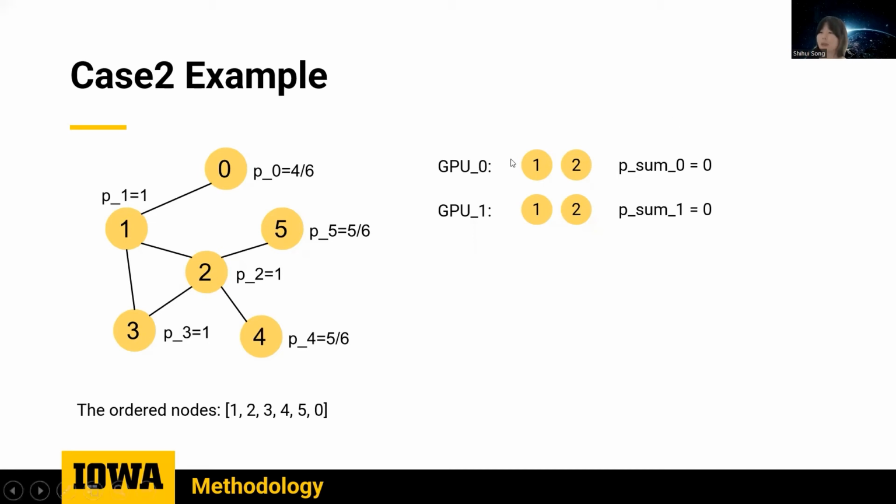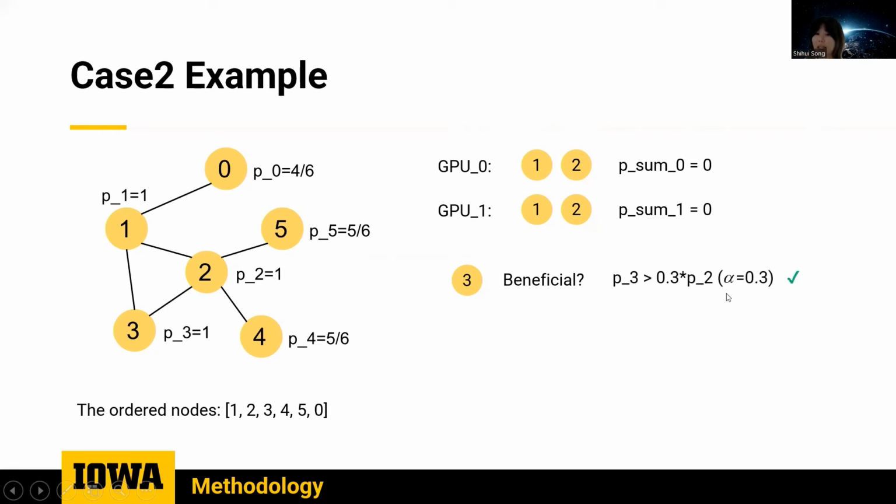Now we will do the replacement. The first old node is 2, because we will first replace the last node on each GPU. And the first new node should be 3, because it has higher sampling probability. And now we should know whether this replacement is beneficial.